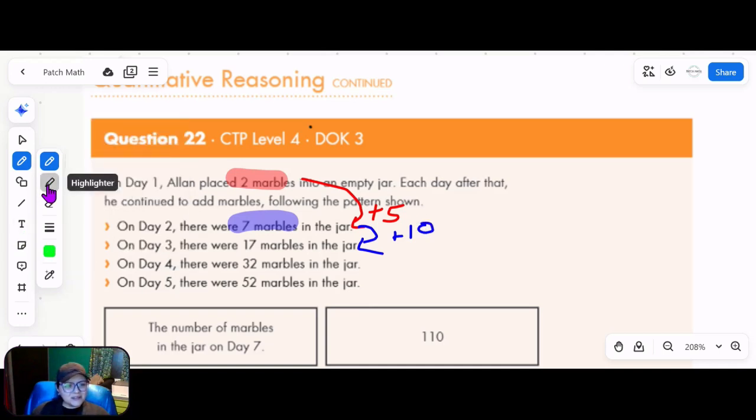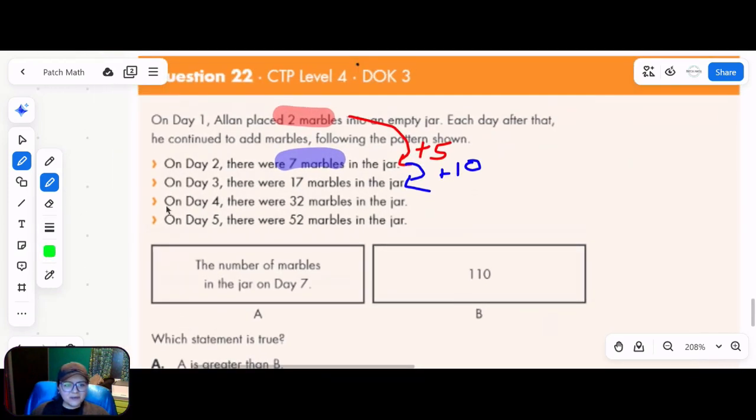And then from here, we added 20. All right. No, I got that wrong. Excuse me. And from here to here, we added 15.